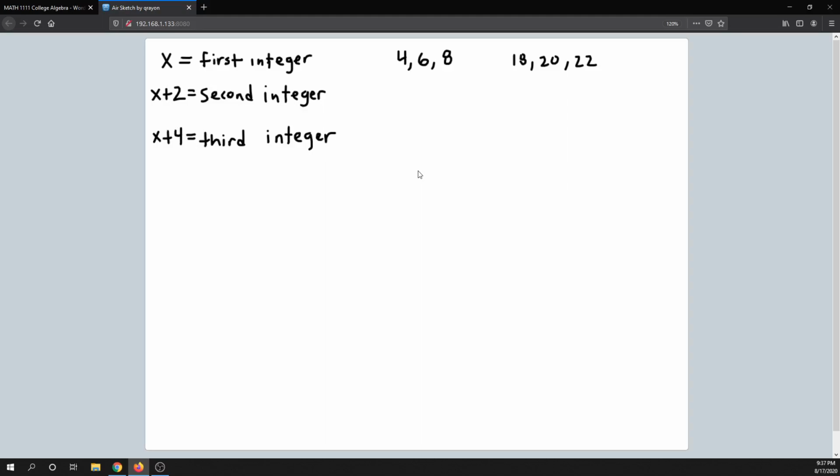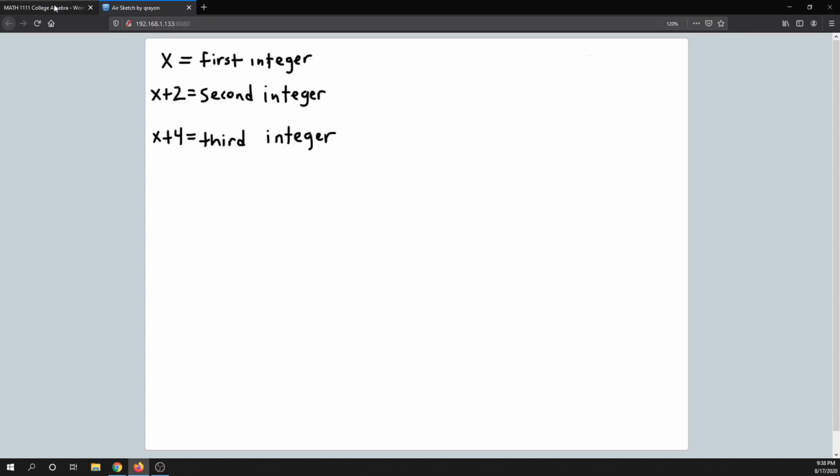Sometimes if you're having trouble, it might help to take a look at a specific example just to get your thinking straight. But you really want to express these in more general terms, in terms of this variable here. If we knew what those were ahead of time, then we wouldn't really need algebra to figure it out.